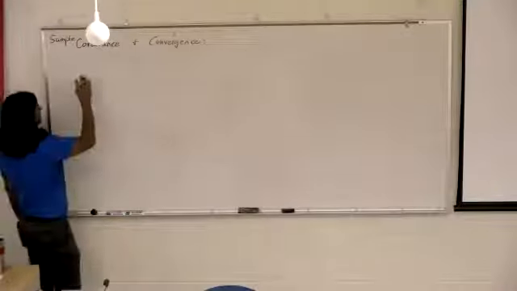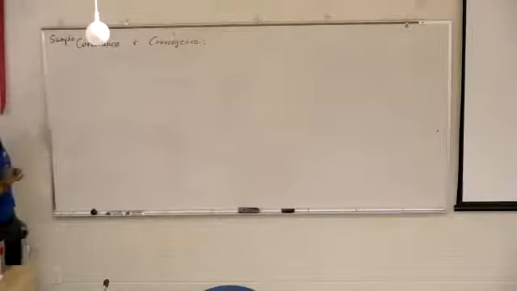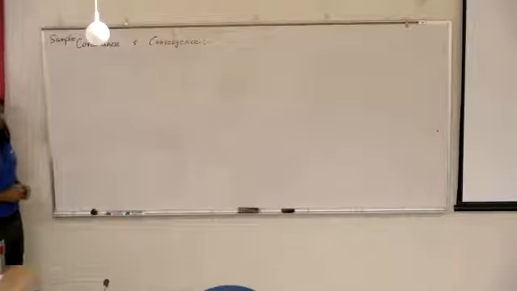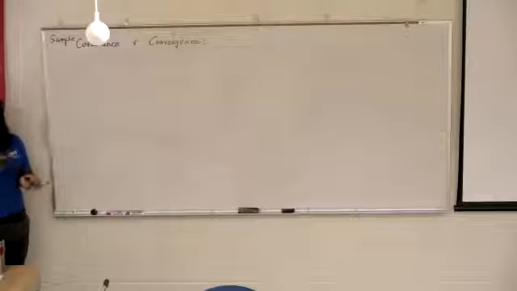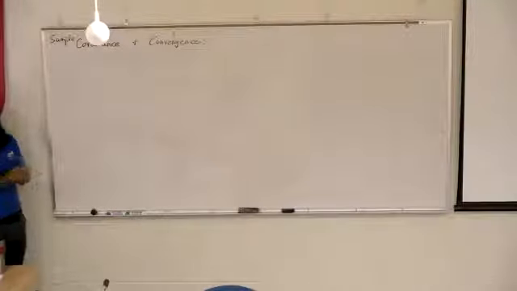So we start with covariance. Covariance would simply mean the variance that exists between two random variables.